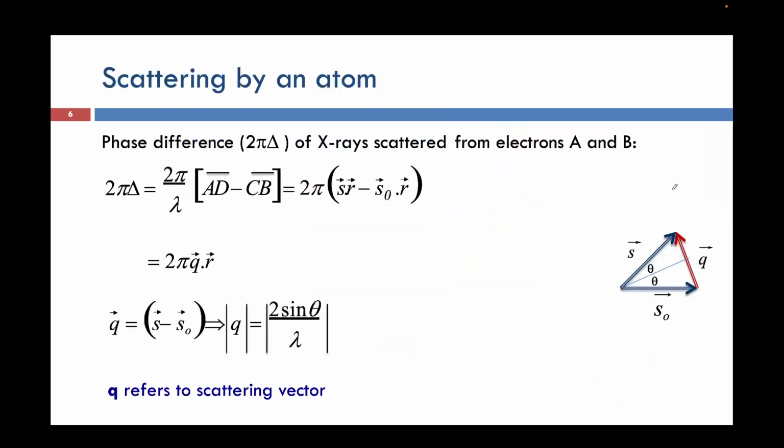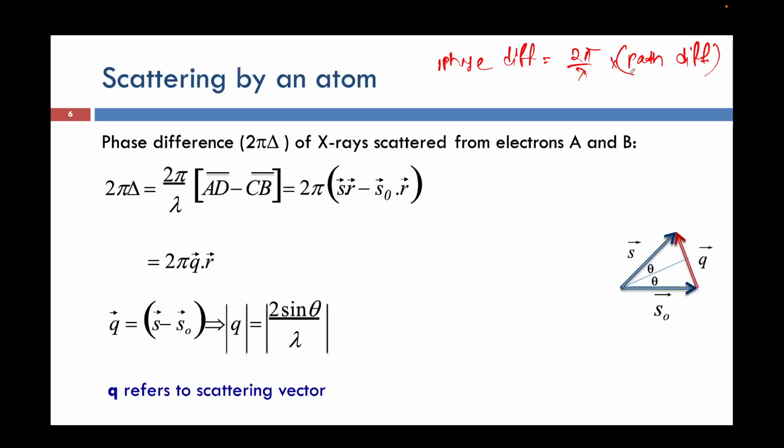The phase difference is 2 pi by lambda into the path difference, and here the path difference is AD minus CB.